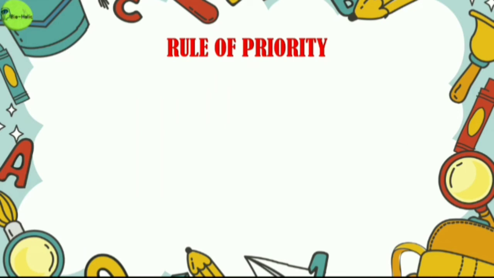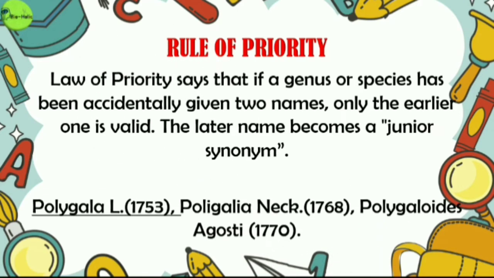and now here is another rule of binomial nomenclature, that is the rule of priority. So the law of priority says that if a genus or species has been accidentally given two names, only the earlier one is valid. The later name becomes the junior synonym. It means that the first name applied to a taxon is the name that will be used.